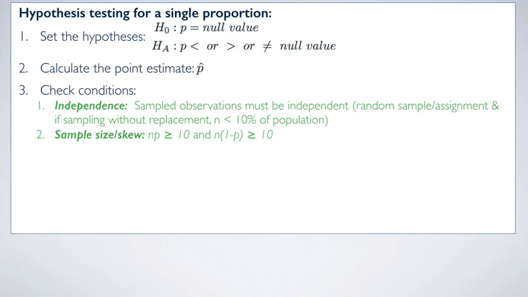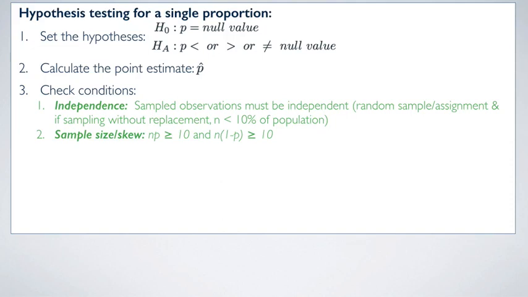So when going through the conditions or any other portion of the hypothesis test, we must assume that the null is true, and therefore wherever we see a p, we plug in whatever the null value for that p is that's set forth in the null hypothesis. So we could read this as not 10 observed successes and 10 observed failures, but instead as 10 expected successes and 10 expected failures.